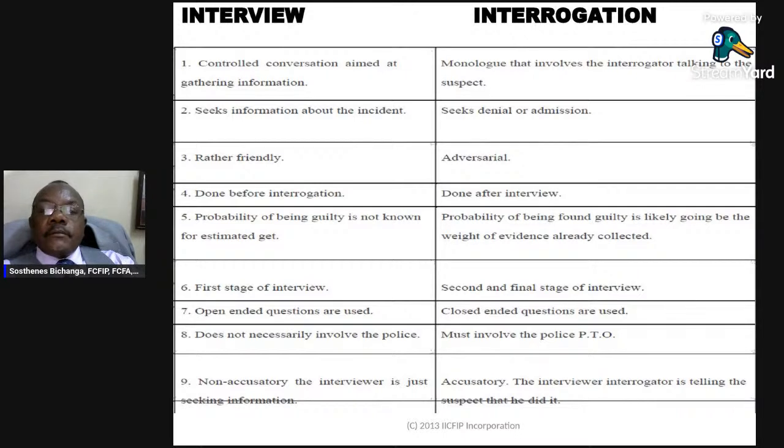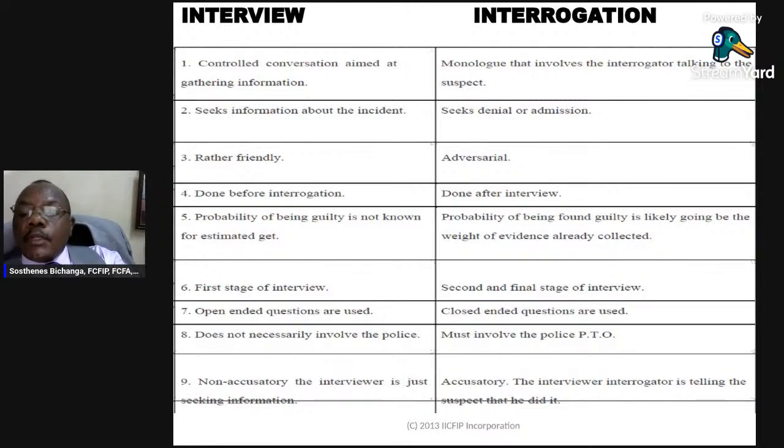Number 4, interview is done before interrogation. Interrogation is done after interviewing. Number 5, probability of being guilty is not known or estimated in an interview. In interrogation, the probability of being found guilty is likely, going by the weight of evidence already collected.